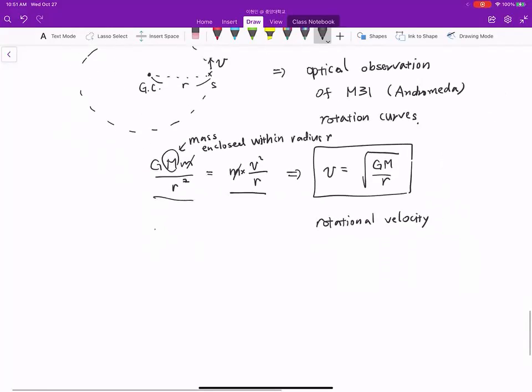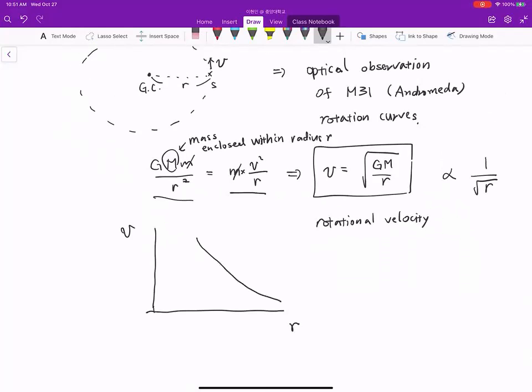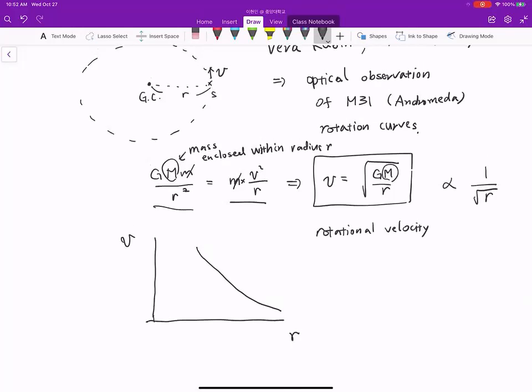As you know very well, the rotation curve decreases as 1 over square root of r. But this M is the total mass.